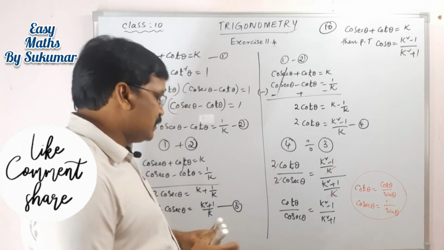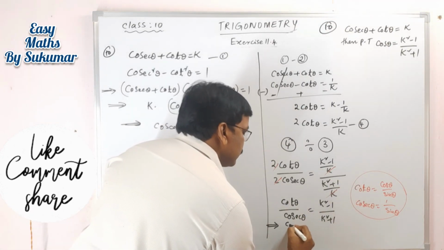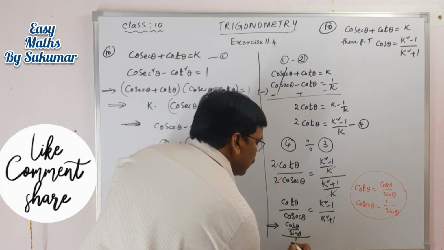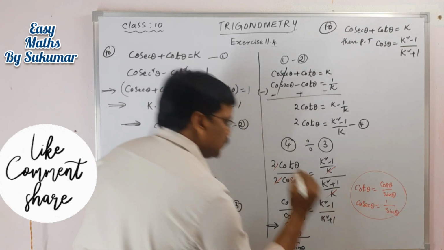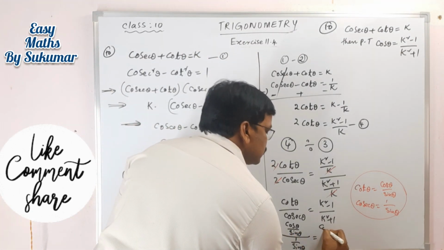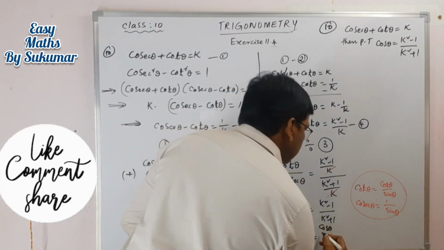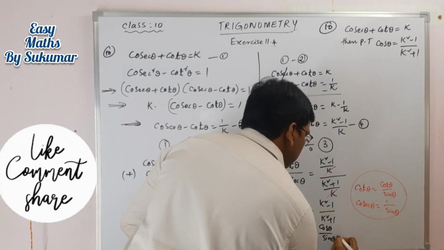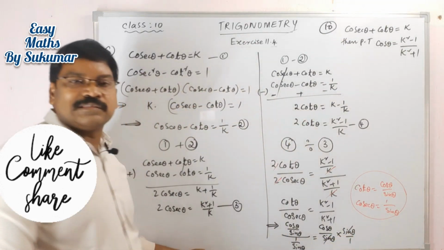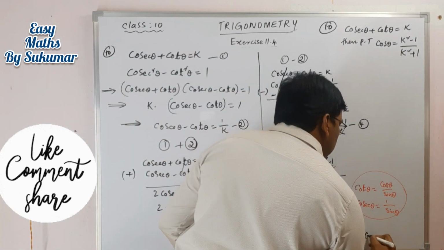So cot theta by cosecant theta implies cos theta by sin theta whole by 1 by sin theta. Now it is cos theta by sin theta into sin theta by 1. So both sin and sin cancelled. Finally cos is there, so it is equal to cos theta.